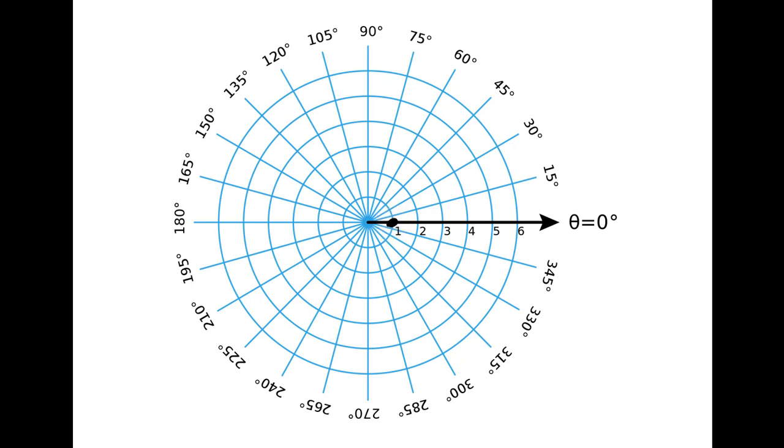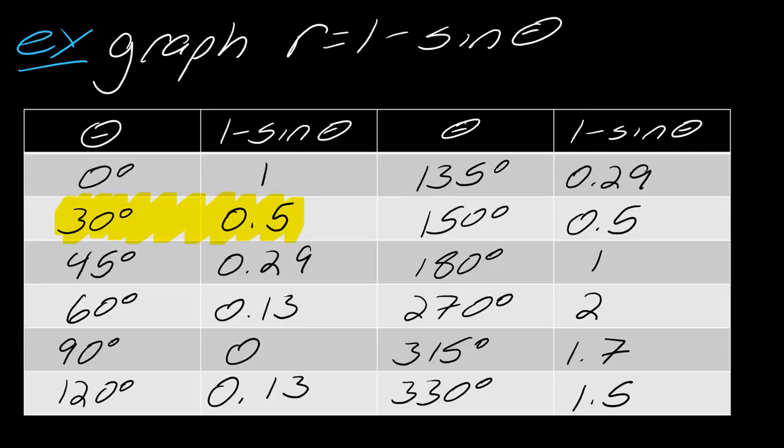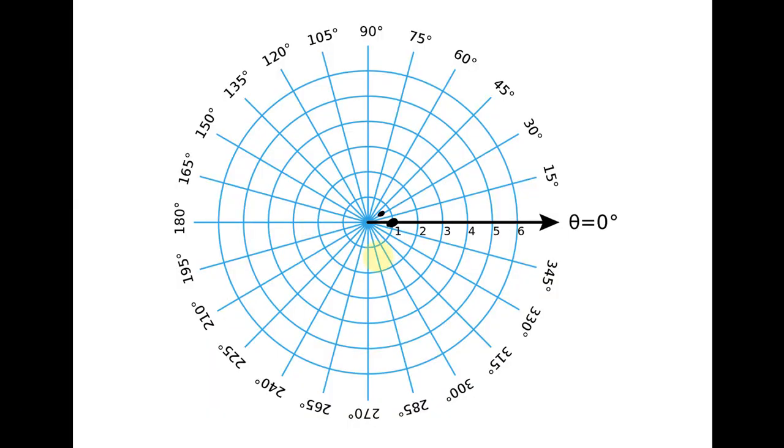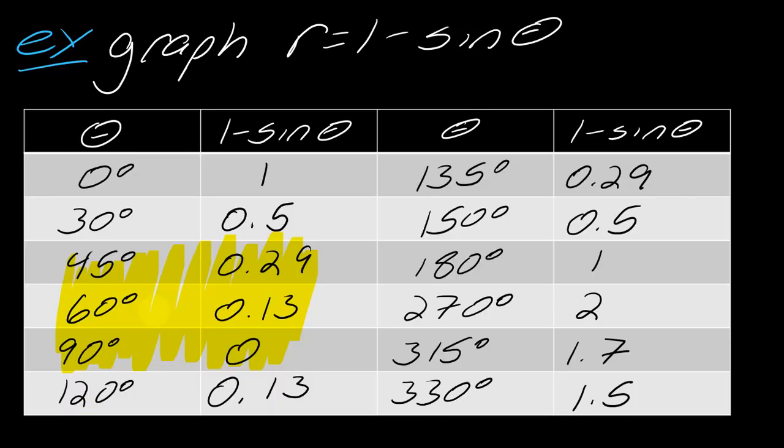What about 30 degrees and 0.5? On my graph, here's 30 degrees and then 0.5. This graph is a little small, but I think we'll be able to make the point. There's that point. And then what about these three points? I've got 45, 0.29, 60 degrees, 0.13, and 90 degrees, 0.